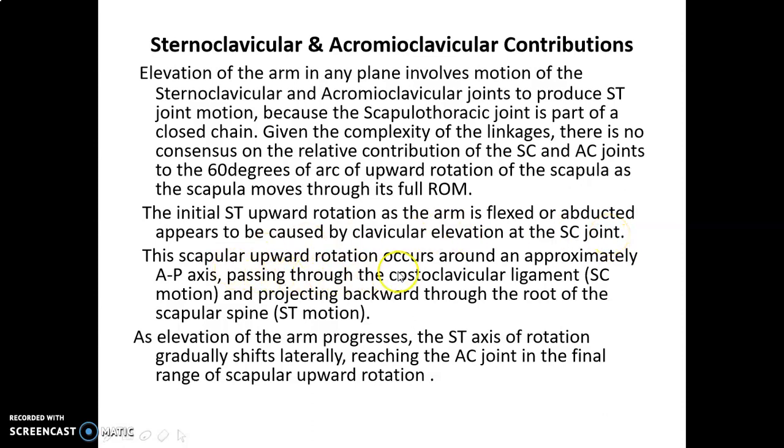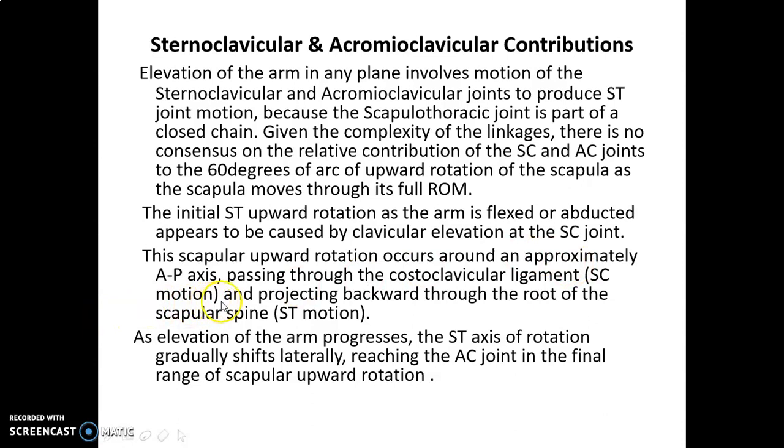This scapular upward rotation occurs around an approximately anterior-posterior axis. This means the initial scapular upward rotation, which happens with the clavicular elevation at the sternoclavicular joint. The axis passes anterior-posterior, passing through the costoclavicular ligament, that is the ligament between the clavicle and the first rib. There is a strong ligament passing through.